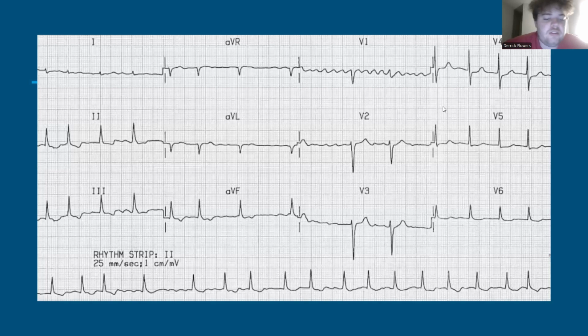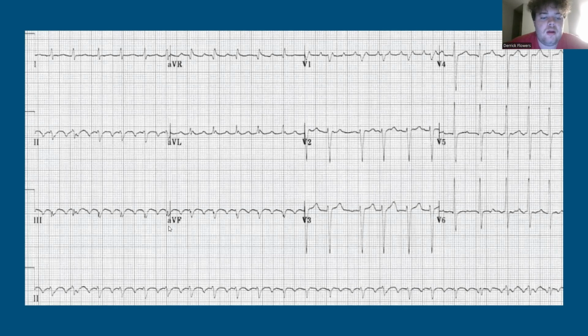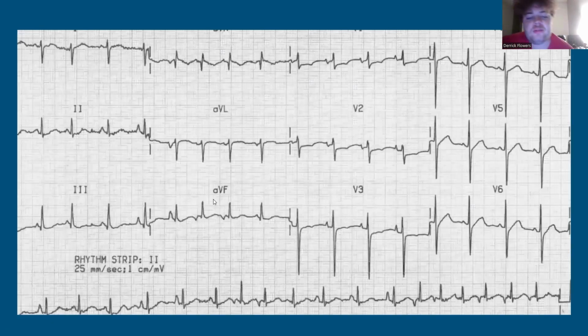So here's where we look. First thing, this is AFib right here. Notice how the complexes are irregularly irregular. Okay, that is AFib. This is a flutter. Notice how it's going really fast and it's got those flutter waves, is what we call it. Flutter wave, flutter wave, flutter wave. Yeah, that's a flutter wave. This is multifocal atrial tachycardia.